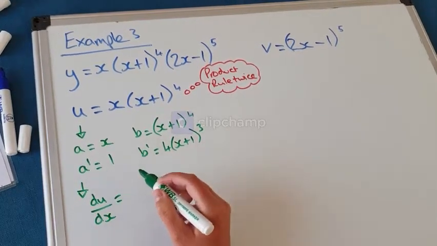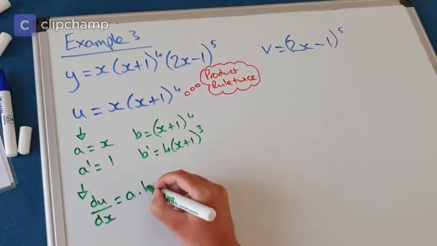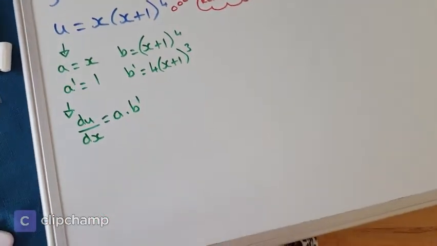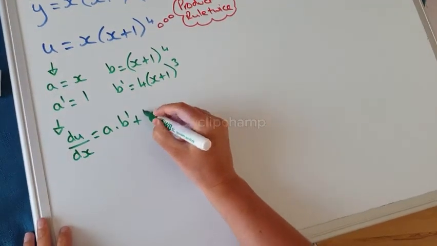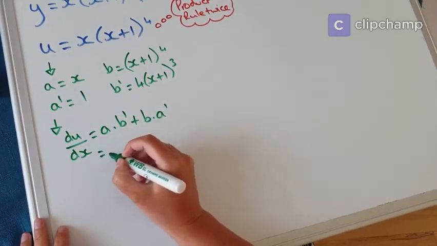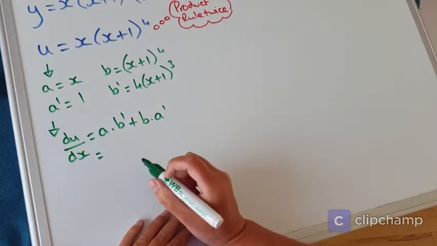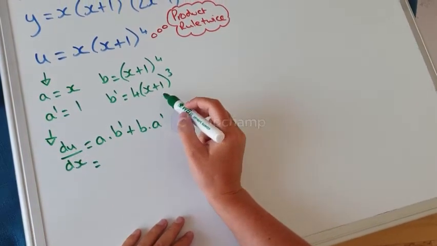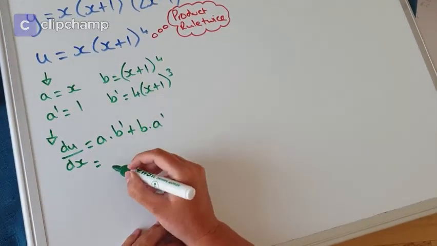Now we're used to u times v dashed, so we'll say a times b dashed, plus b times a dashed. Just the same as what we do with u's and v's. Now you can see that a is x and b dashed is 4(x + 1) to the power of 3.